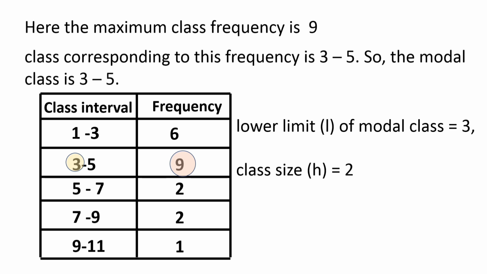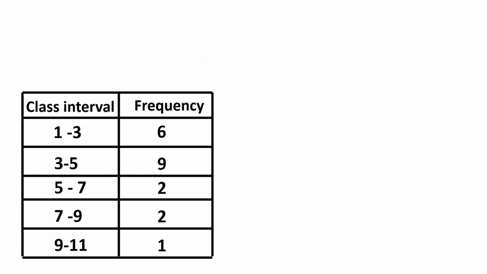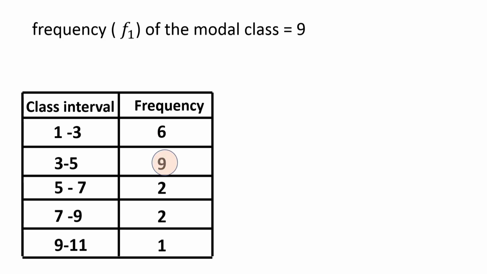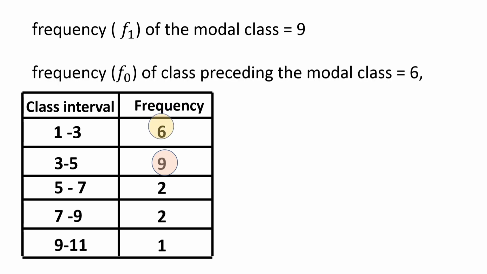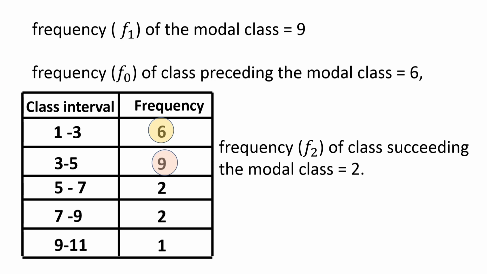We can observe that the frequency of the modal class 3 to 5, that is f1, is 9. f0, the frequency of the class preceding the modal class, that is 6. f2, the frequency of the class succeeding the modal class, that is 5 to 7, frequency is 2 here.